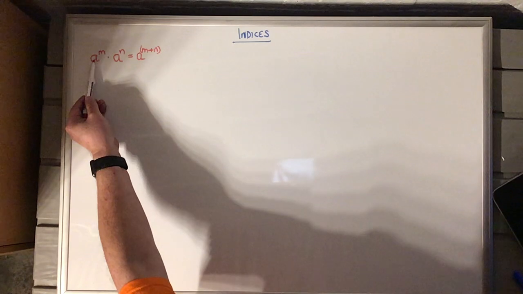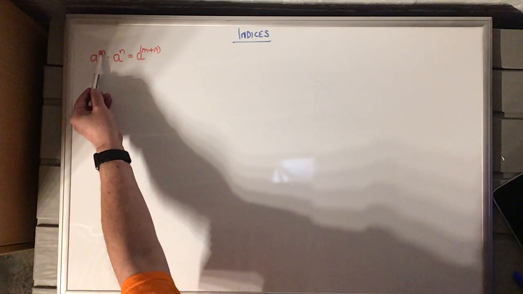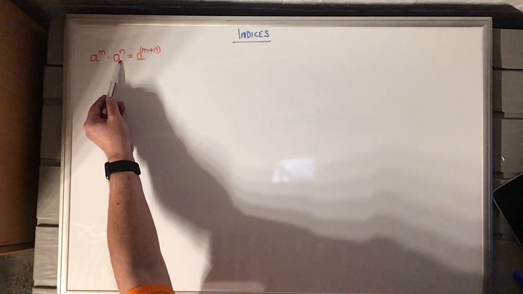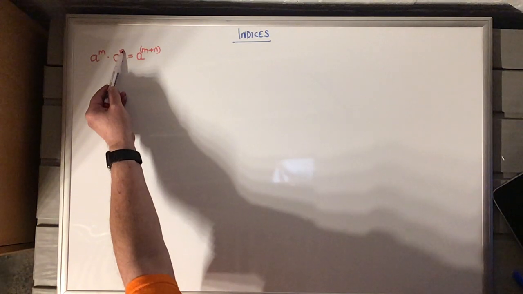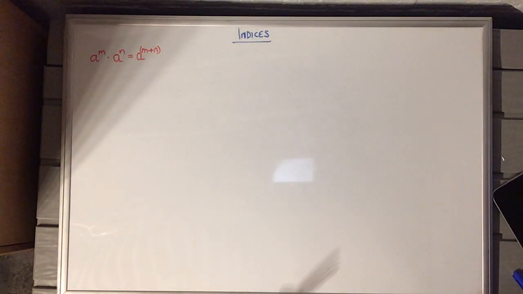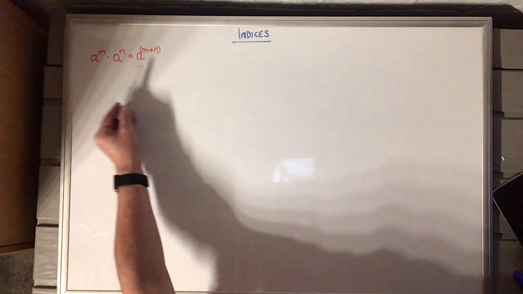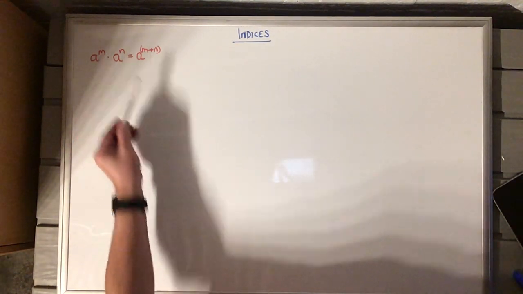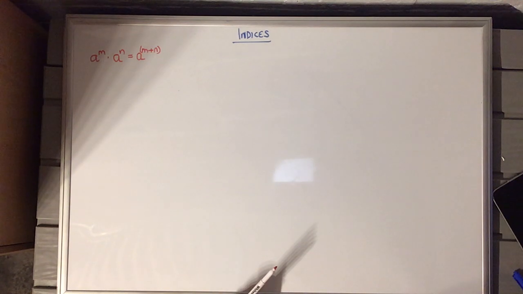So base number is a, and the index number is m. Now, for this rule to work, you have to have the same base number. It only works with the same base number. So that's the first thing to notice.